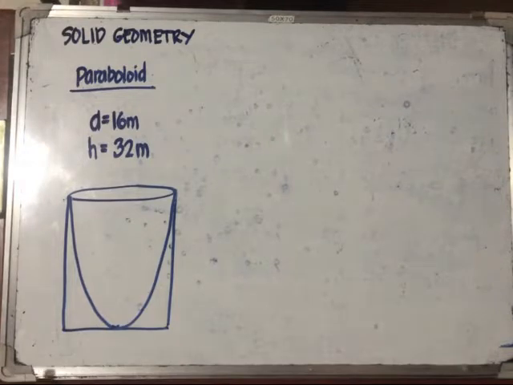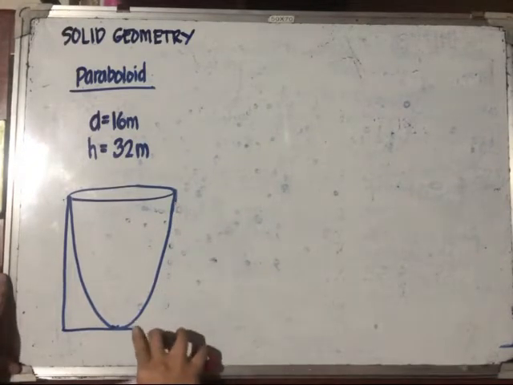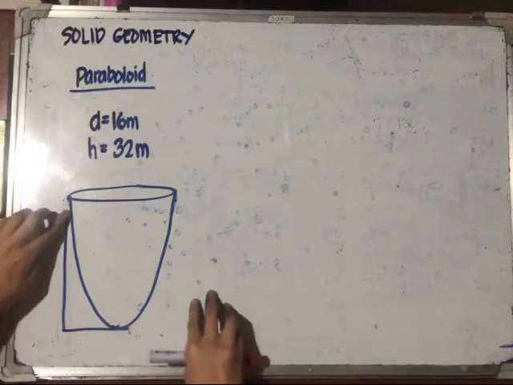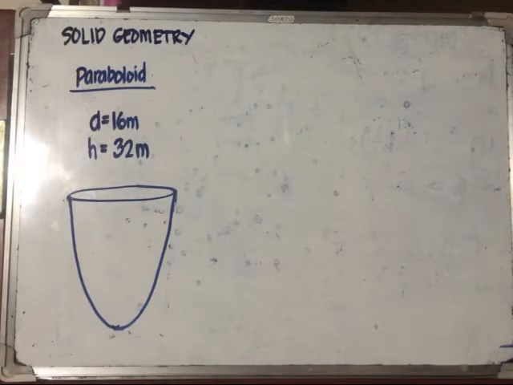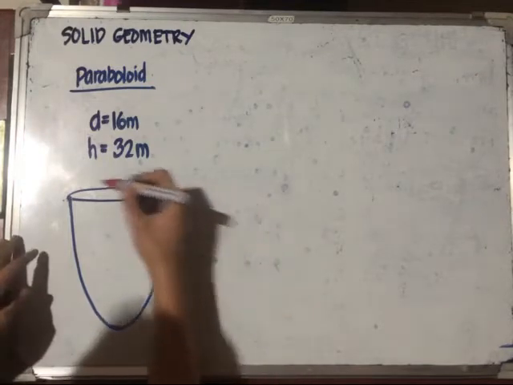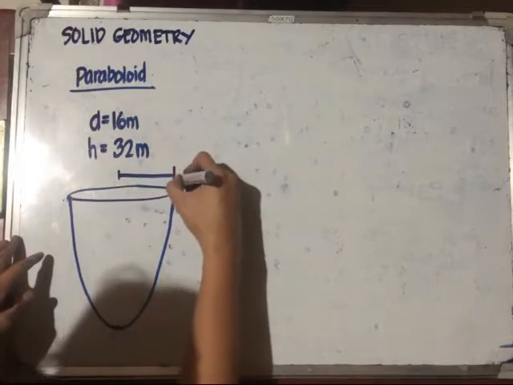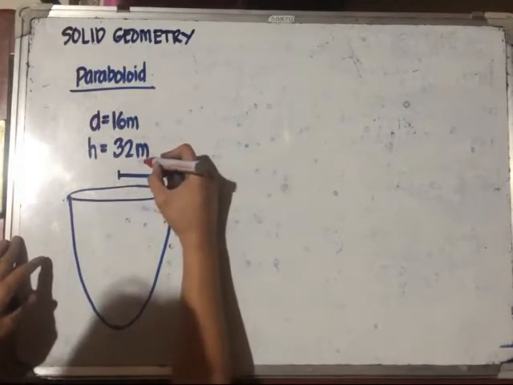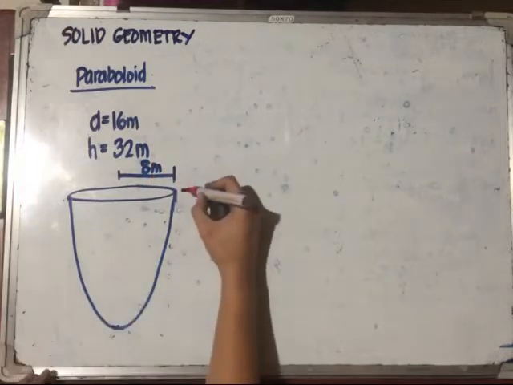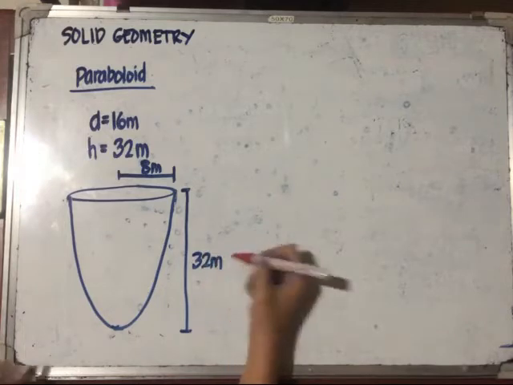So, sabi, meron daw siyang diameter, excluding this portion here, ha? Burahin natin. Pero, yan, napapasok mo kasi yan siya sa cylinder. Ganon. So, diameter is 16. So, radius natin would be, this would be, ano ba to? 8 meters, and our altitude here is 32 meters.